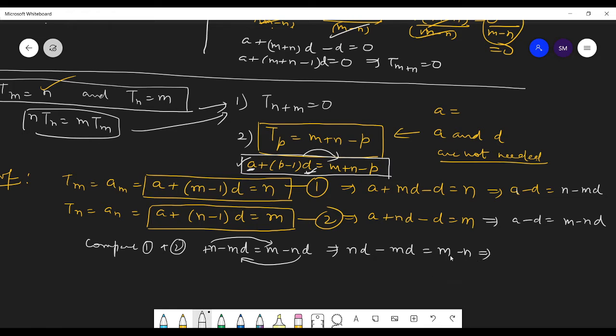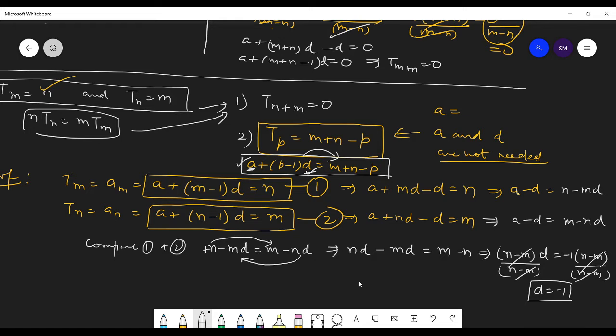So students, we can take d common. So n minus m into d is equals to, here instead of m minus n I need n minus m, so I take minus 1 common. Now dividing both sides by n minus m, d comes out to be minus 1.